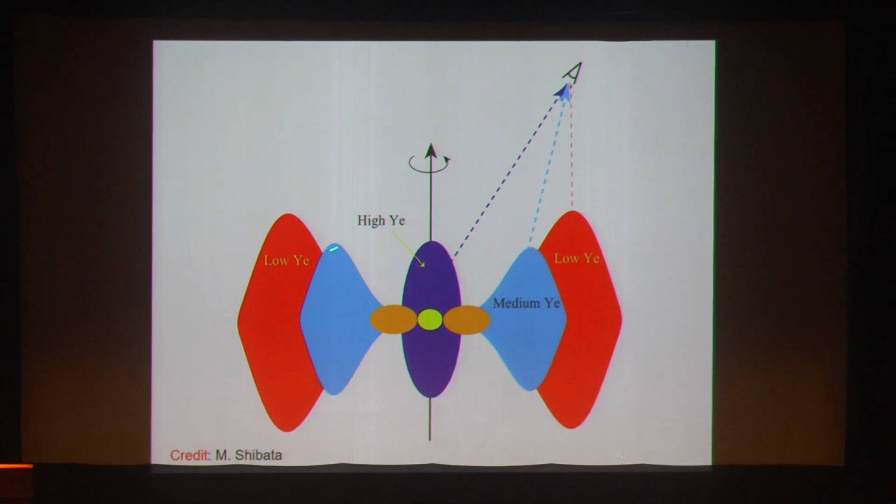We can see this ejected matter in blue and red. Now, this is shown by Y, which means electron fraction. What does it mean? The electron fraction equals the proton fraction, and the proton fraction plus the neutron fraction is 1. So low electron fraction means high neutron fraction, medium means a medium neutron fraction, and high electron fraction means a very low neutron fraction.